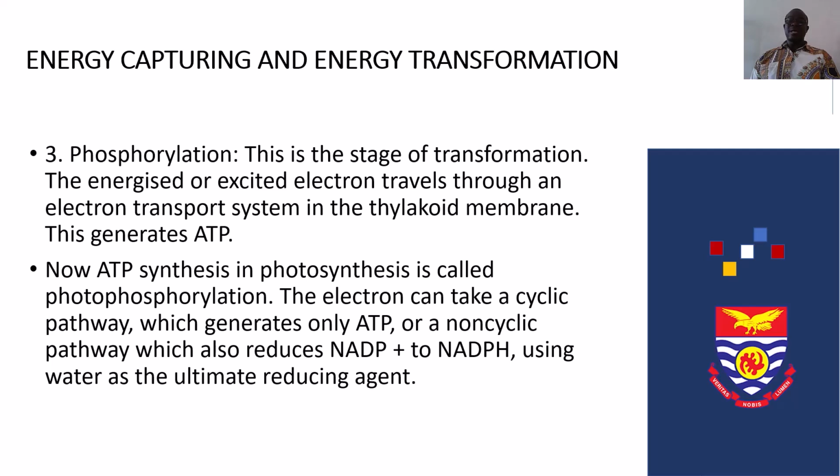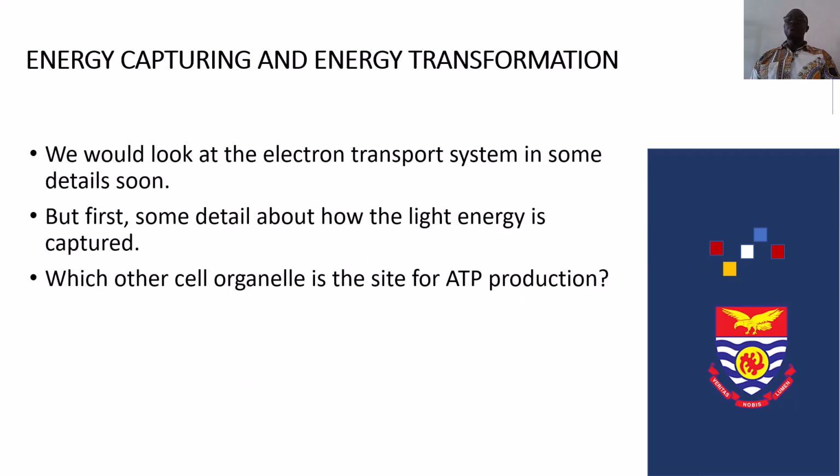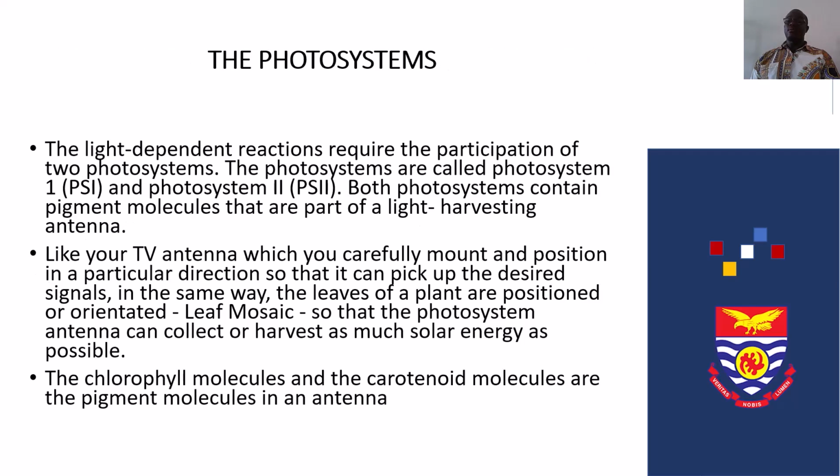The electron can take a cyclic pathway which generates only ATP, or a non-cyclic pathway which also reduces NADP to NADPH, using water as the ultimate reducing agent. We would look at the electron transport system in some detail soon, but first some detail about how light energy is captured. Which other cell organelle is the site for ATP production?